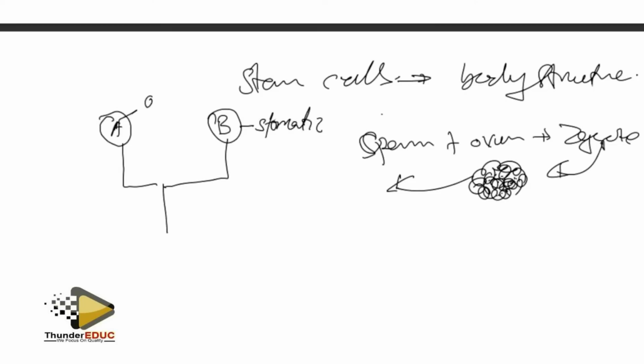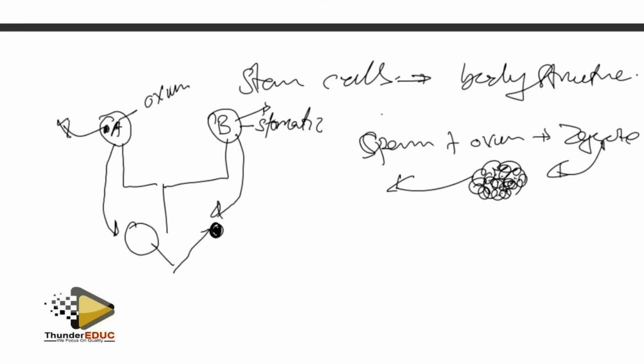And this one I get from an ovum. What I do, I remove the nucleus of this. I go with the nucleus. I throw away this shell. Here I go with the shell, but I throw away the nucleus.